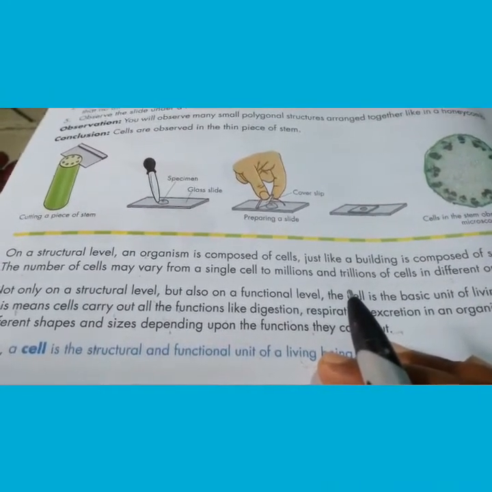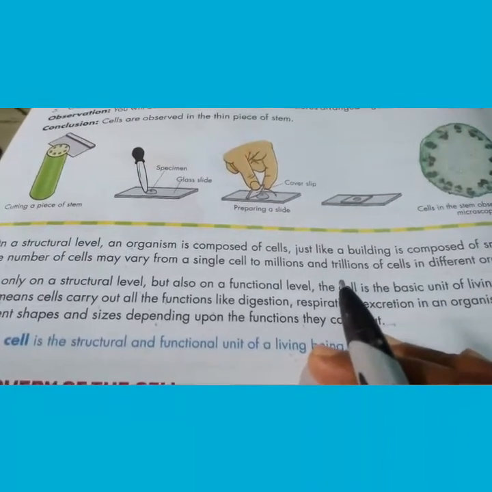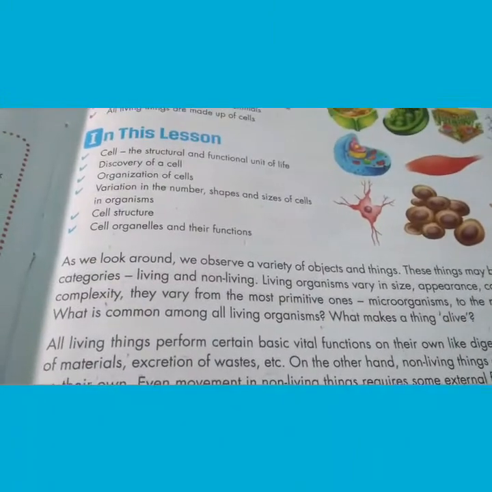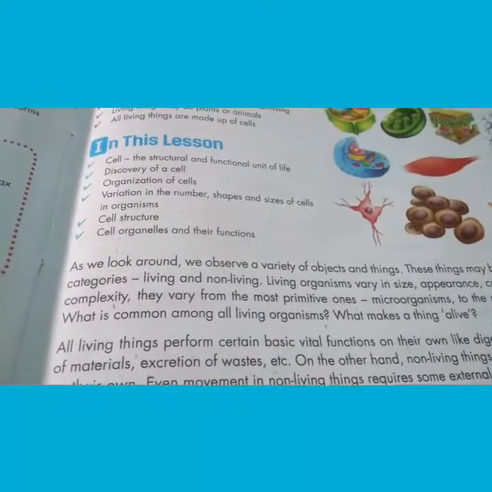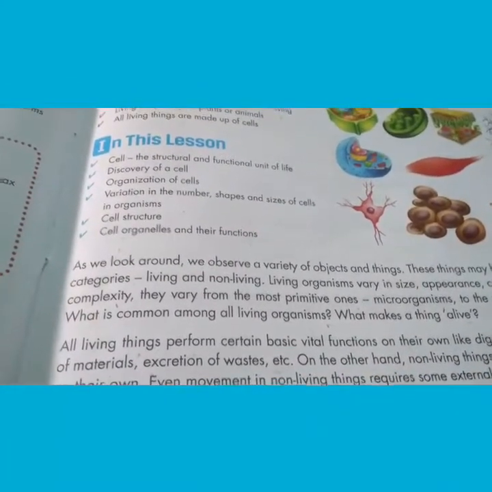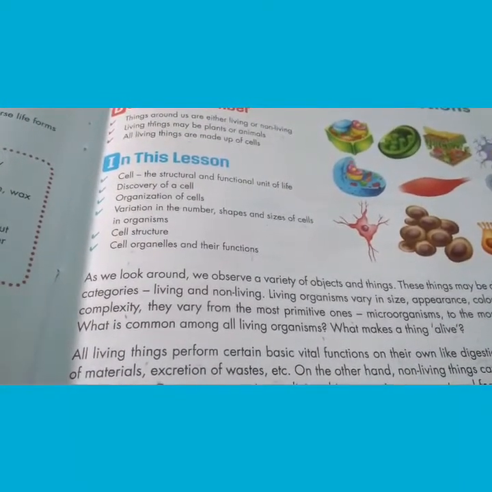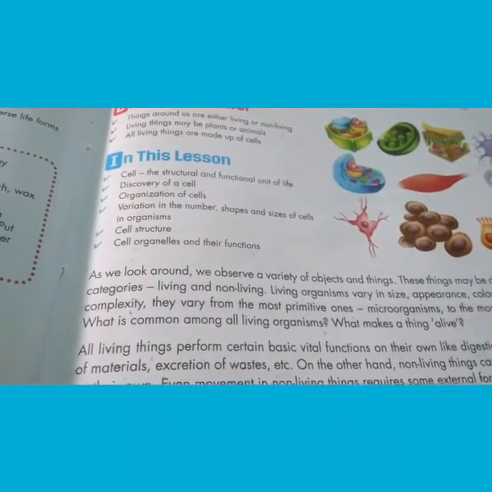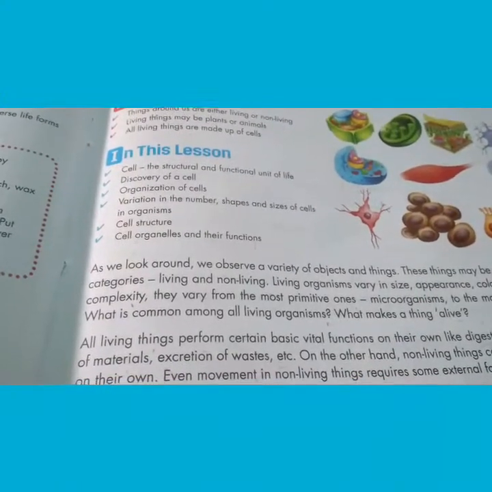Living things are those organisms that can perform certain basic vital functions on their own, like digestion, respiration, movement, circulation of material, excretion of waste, etc. These are called living beings, and they are made up of cells.